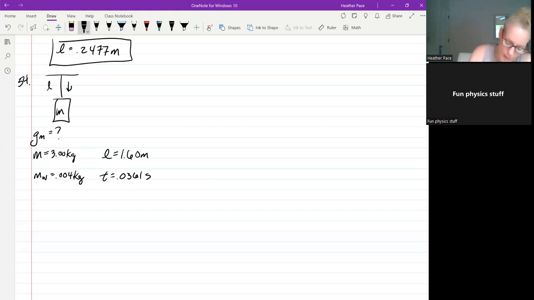So right away, you can just go mu equals the mass divided by the length. I was looking at the mass of the object. I should do something like that to make sure I've got it.